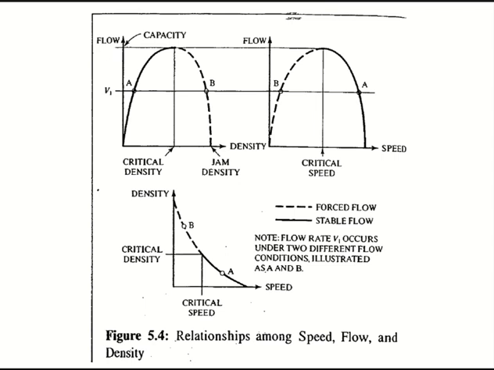Then we have this one, which is between flow and density. We start from here. So you see, flow is almost zero, density is almost zero. When more vehicles approach the road, density will increase, and when these vehicles move, the flow will also increase, right?